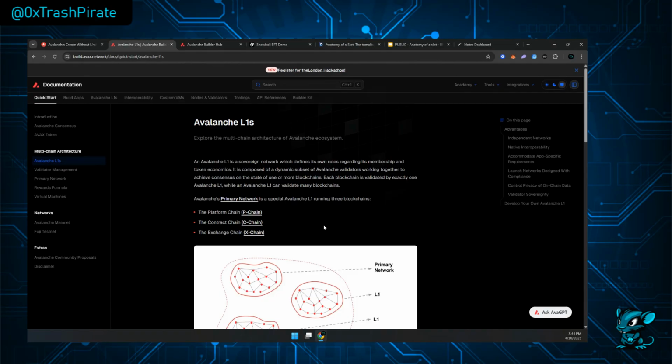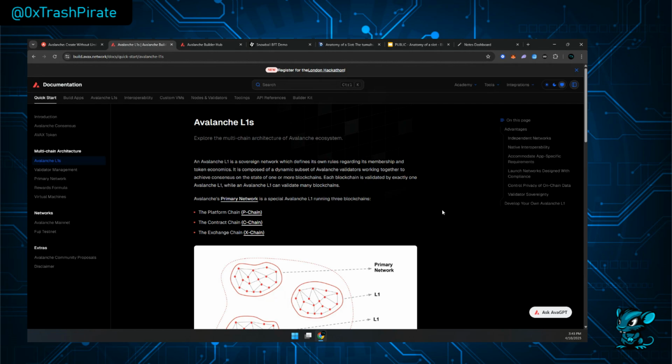And there is also an X-chain, the exchange chain, which, as far as I understand it, is a kind of asset chain. The native token lives on there, but anyone can deploy native tokens on the X-chain. So it's optimized for transfers, to have really quick settlements.